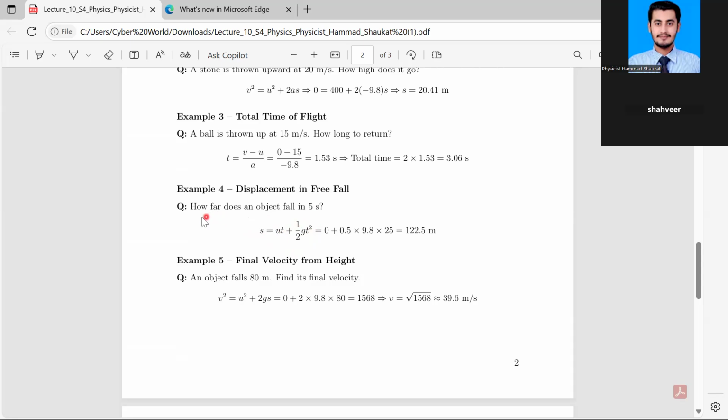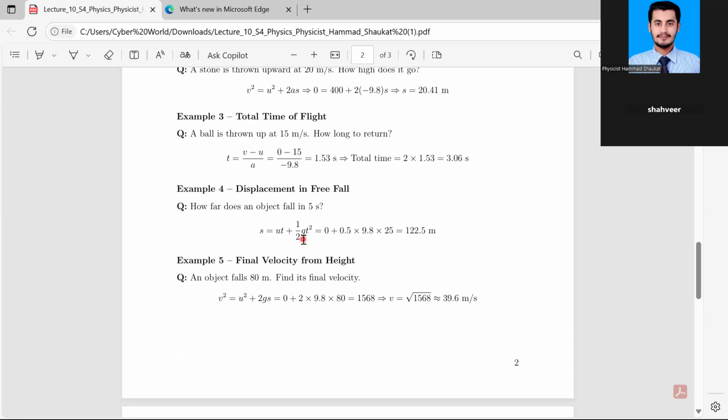Again, how far does an object fall in 5 seconds? Now, if an object falls, you have to take the initial velocity, which is equal to zero. Yes, 0. And 0 multiplied by time, which is 5 seconds, 0 multiplied by 5 becomes 0. Plus 1 by 2, which is 0.5 gt square.